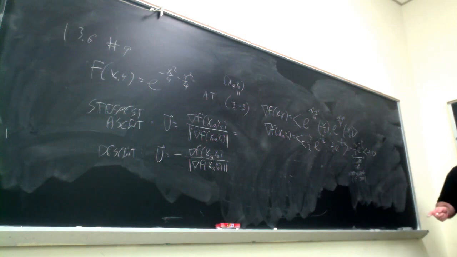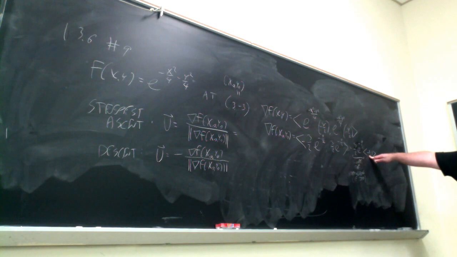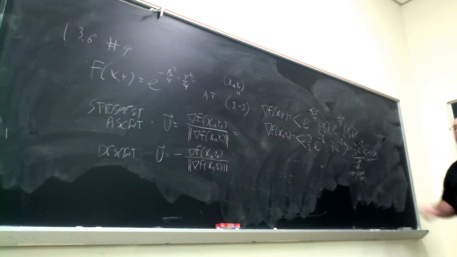But positive is important because you don't want a unit vector that's suddenly pointing in the opposite direction. So for purposes of normalizing to get steepest ascent and steepest descent, you can just take this vector, minus 1 and 1, and normalize that. Save yourself a bit of time.